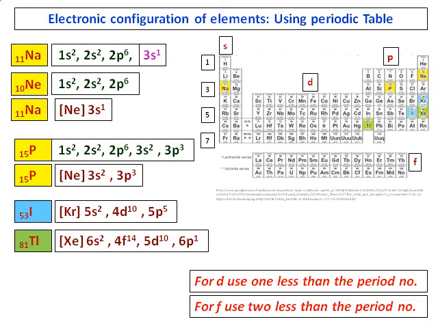The period number was 6, therefore it will be 4f14, and then we have to cross through the D group, which has 10 electrons. Since the period number was 6, it will become 5d10, and then it has only one electron in the p group. Therefore, along with the period number 6, it is 6p1.